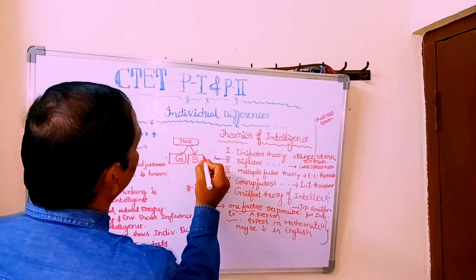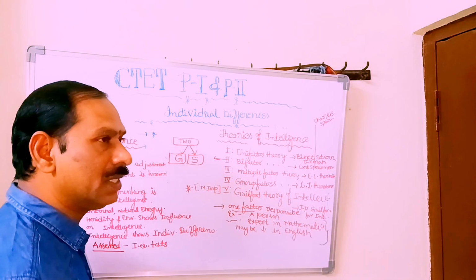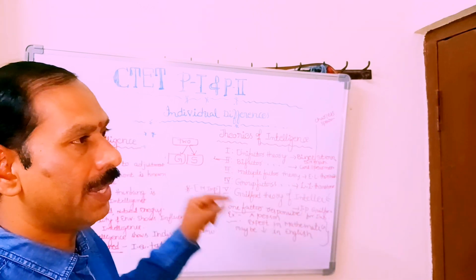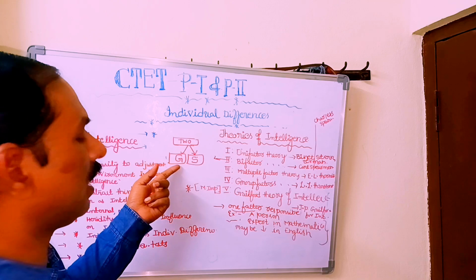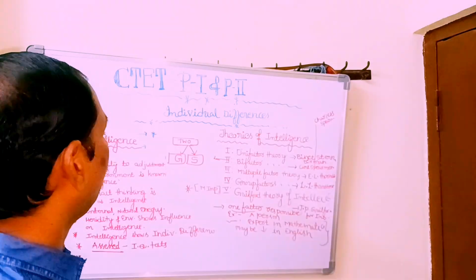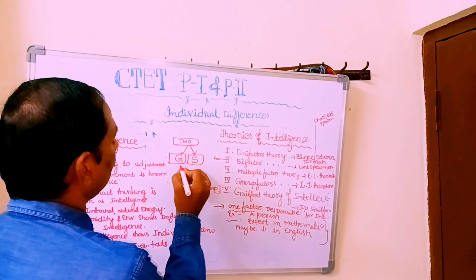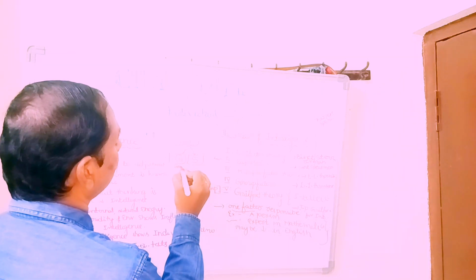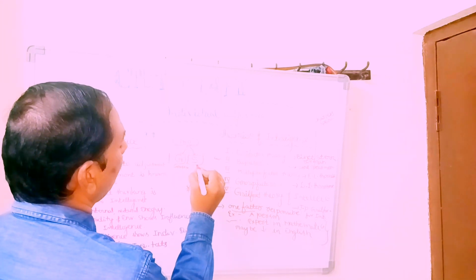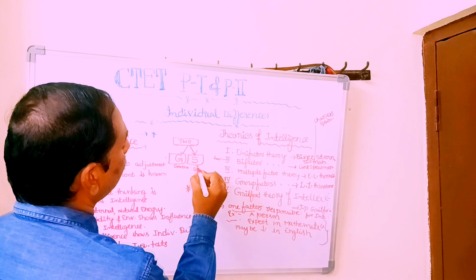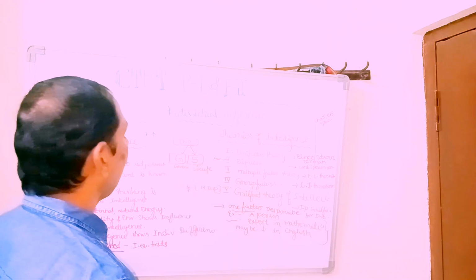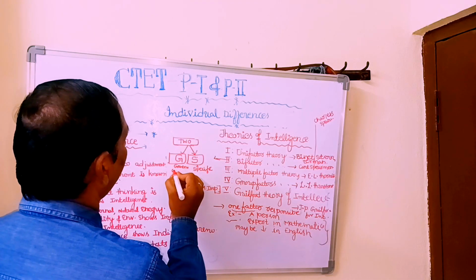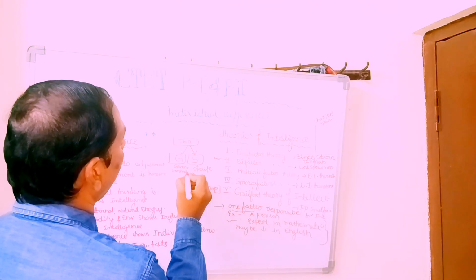According to the bifactor theory of intelligence, human intelligence is responsible for two factors, that is the G factor and the S factor. What is the G factor? G factor is the general factor, and S factor is the specific factor. General factor is common for all.